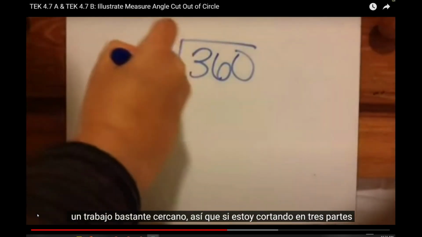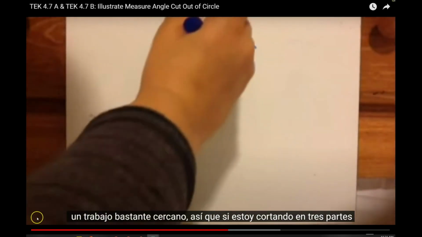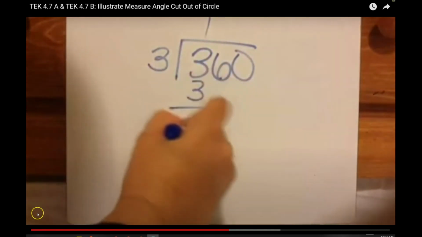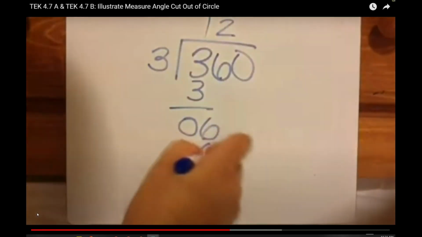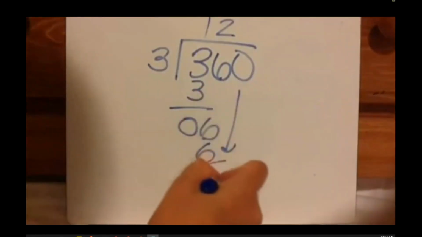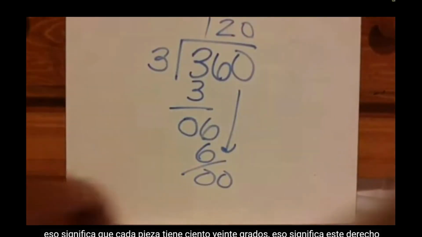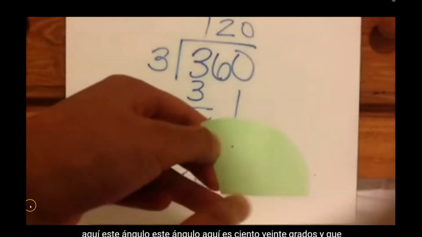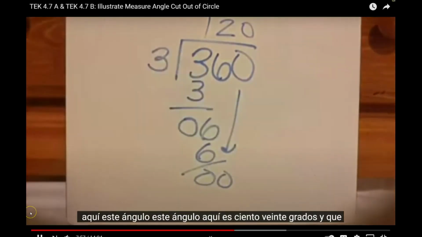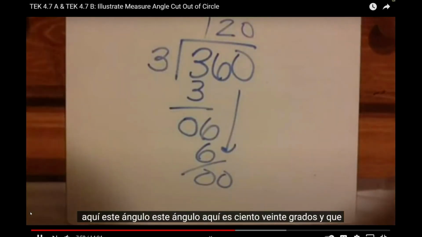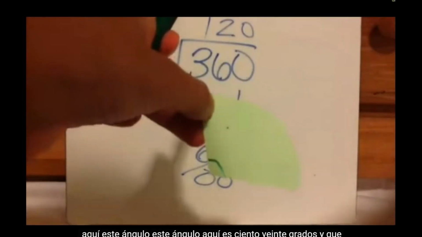So if I'm cutting it into 3 pieces, that means each piece is 120 degrees. That means this angle right here is 120 degrees.